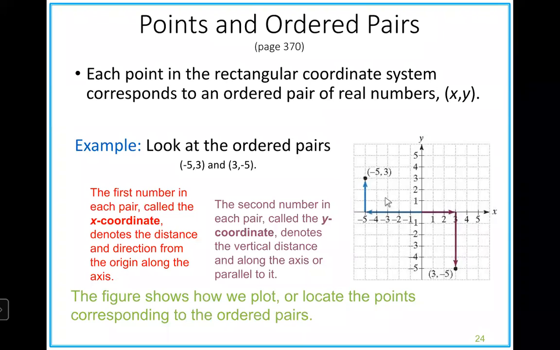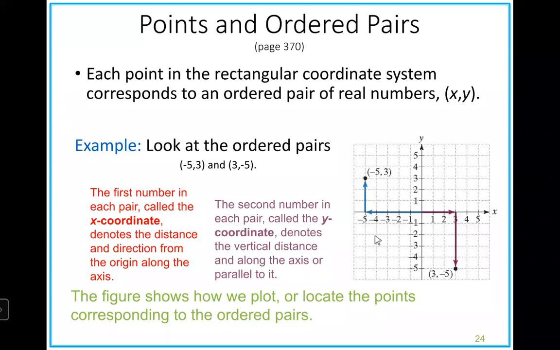X would be how far you move horizontally, and Y would be how far you move vertically. Okay, so the first number is called the x coordinate. All right, and the second number is the y coordinate.